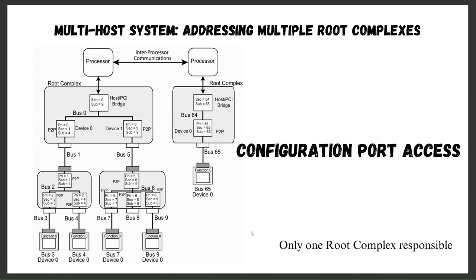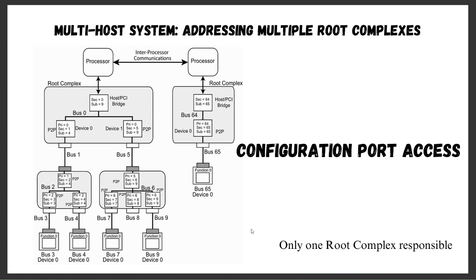Now, configuration port access. Once this step is done, any access to the configuration address port is seen by both root complexes, but only the one responsible for the target bus will process the request.